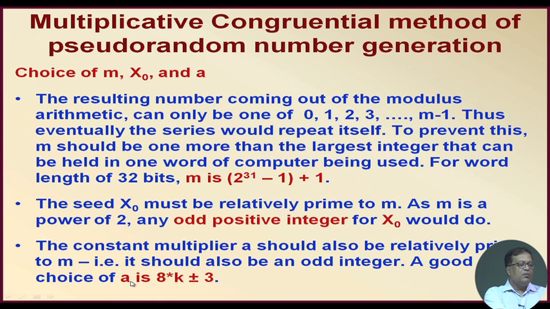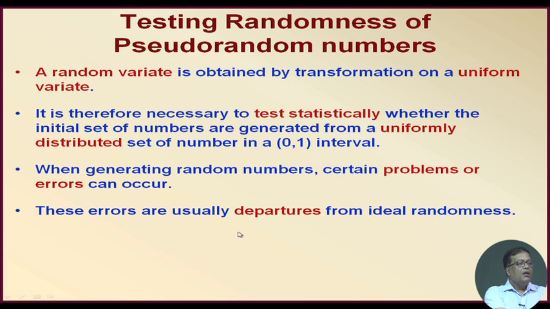A good choice of a is 8k plus or minus 3. So k you can put 1, 2, 3, 4, etc. Suppose you put k equal to 1, then a will be 11 or maybe 5. So these are some choices of m, x0 and a.